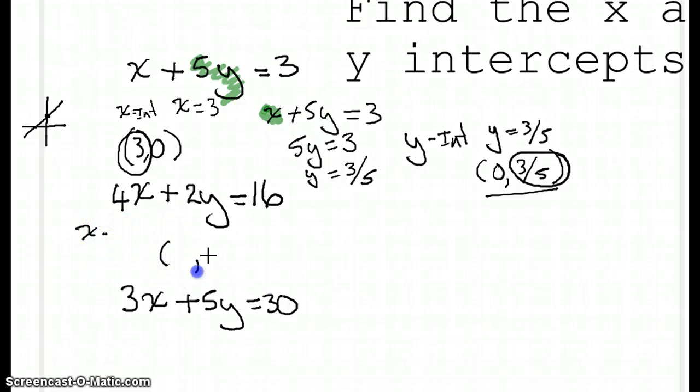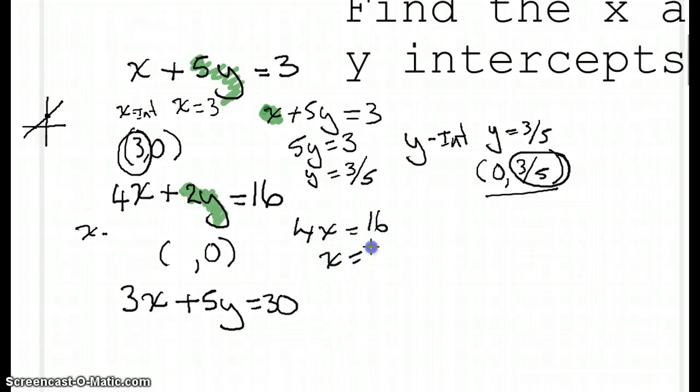So I actually sometimes just do this. X-intercept, I'm looking for when y is 0. 2 times 0 is 0. So the only thing I'm left with is 4x equals 16. So x equals 4. So my x-intercept is at (4, 0).